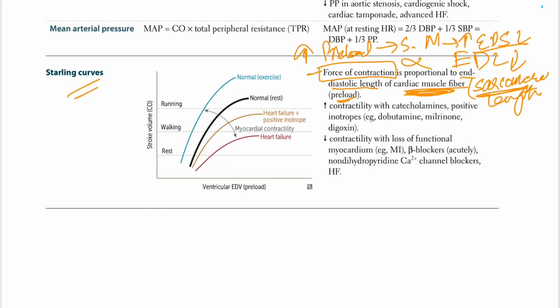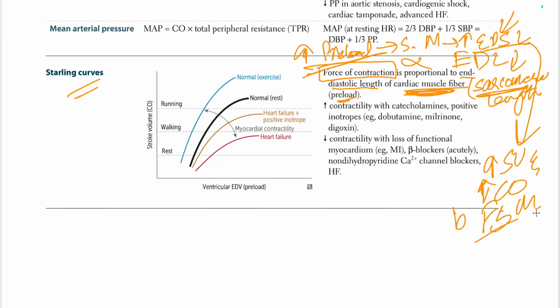And that would do what? Okay, guess what? We have increased preload, we have increased the end diastolic sarcomere length. Now what? So that would increase the stroke volume and increase the cardiac output by this Frank-Starling mechanism. So if you look here, the same thing. So you're at rest.